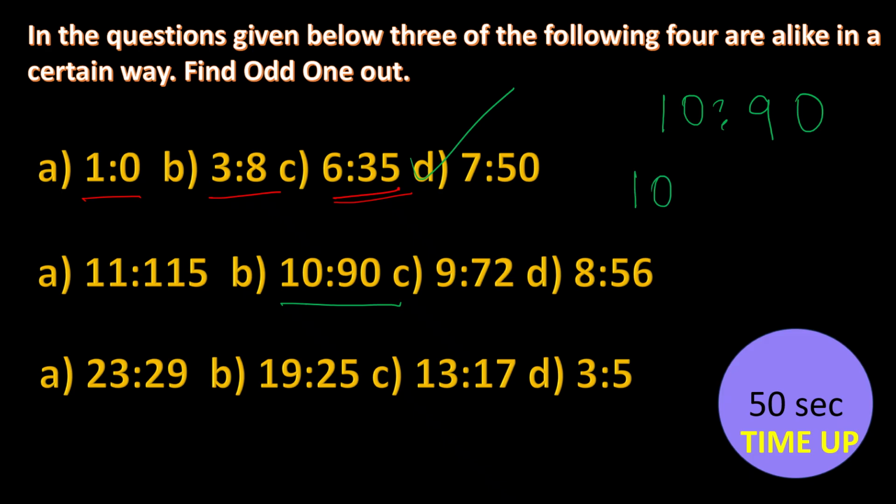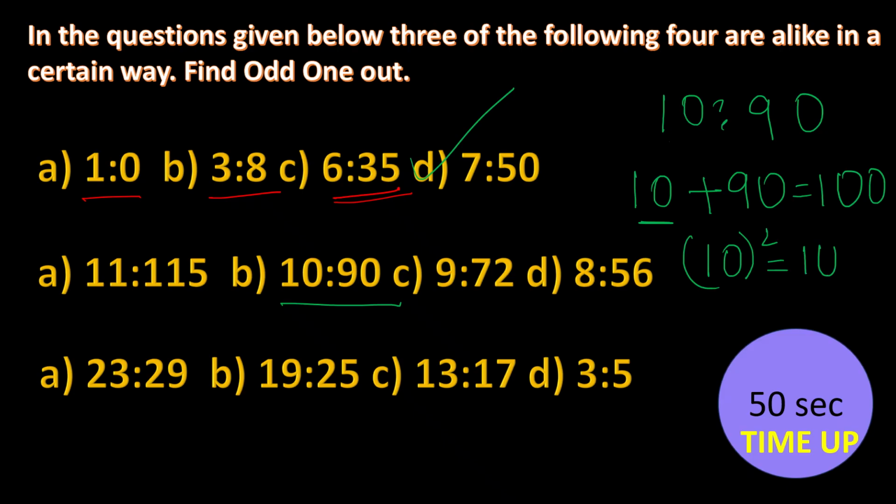Here 10 plus 90 if you do, it is 100, correct? And first digit square they have taken. If you take 10 square, it will give you 100. Okay. Then if you take 9 is to 72. So 9 plus 72 you need to do first, which will give you 81.